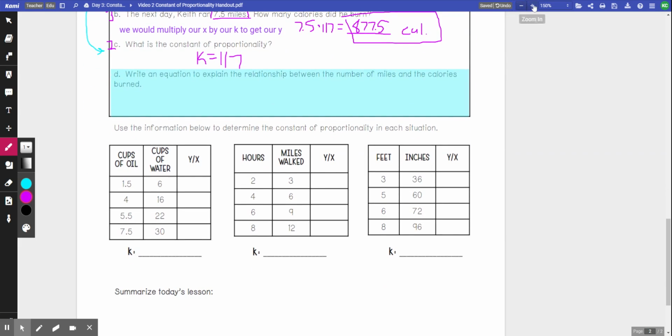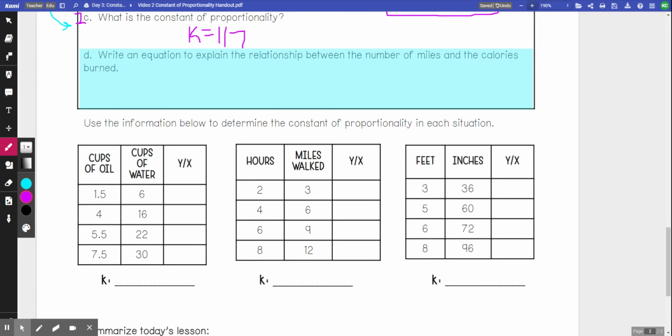All right, and for each of these tables, it is your job to find the constant of proportionality. All three tables are proportional, so we're not asking you to determine if they are proportional, but simply tell us what the constant of proportionality is. So for the first one, you would do 6 divided by 1.5, which gives you 4.